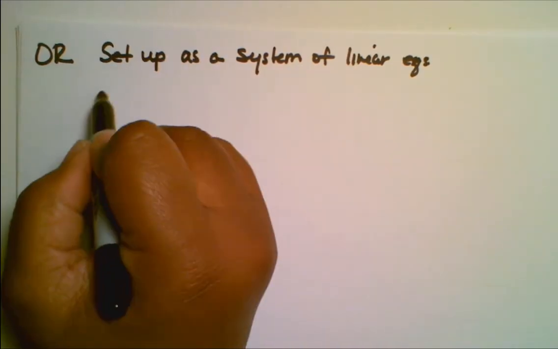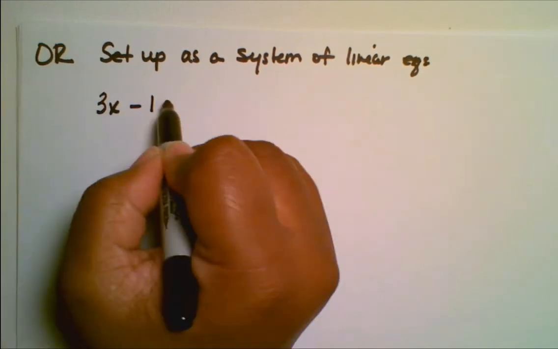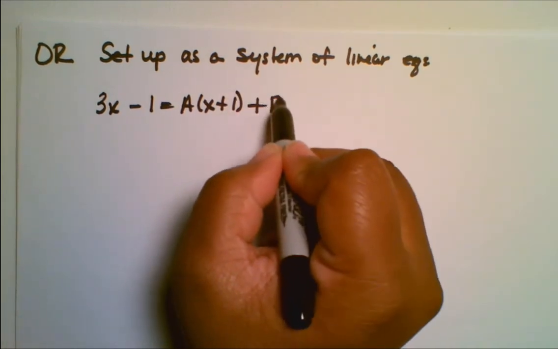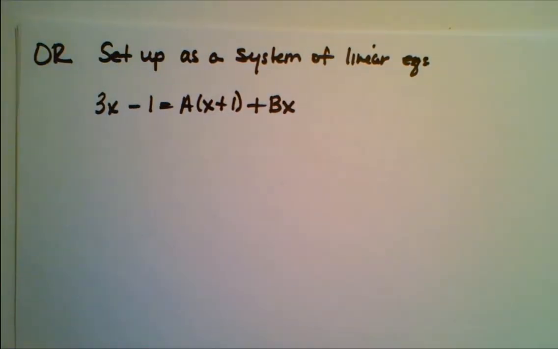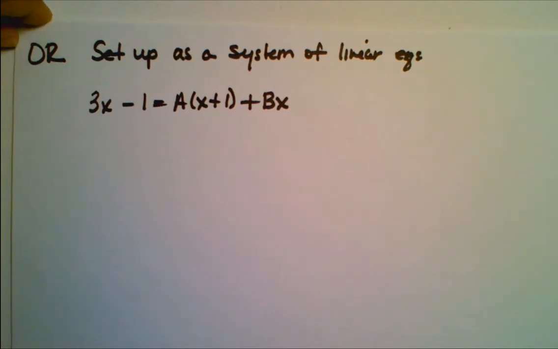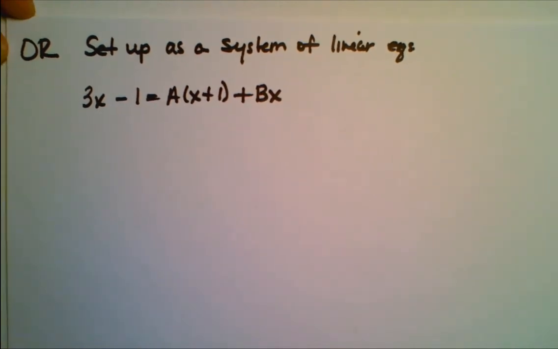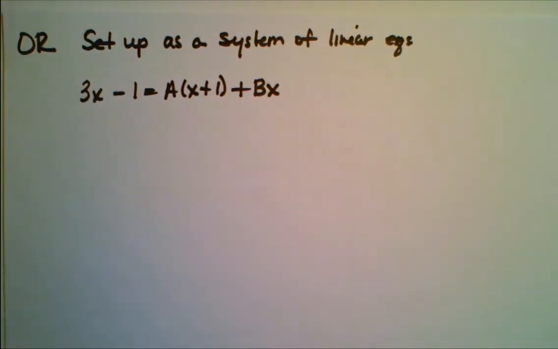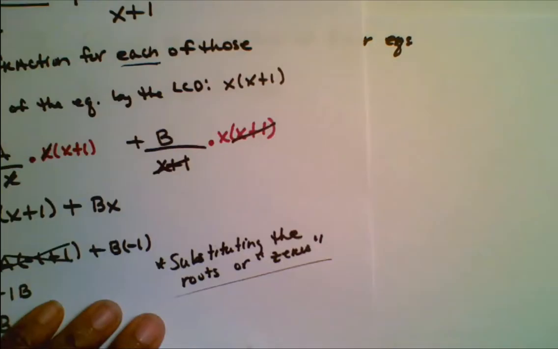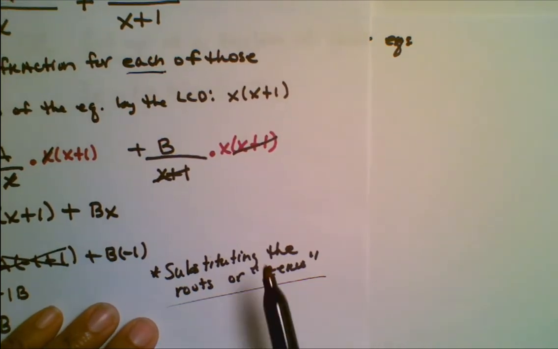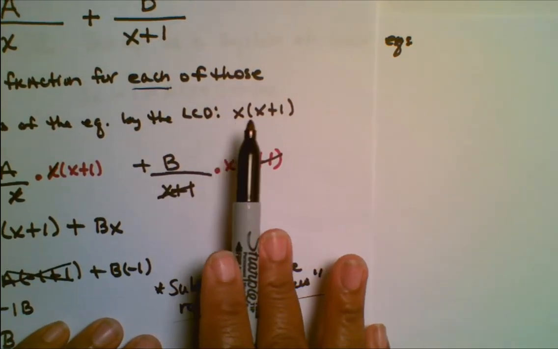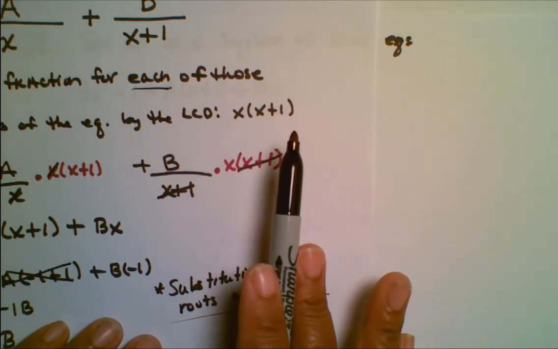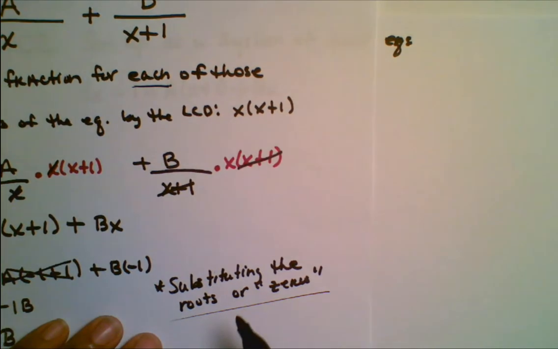So we have here 3x minus 1 is equal to a times x plus 1 plus bx. I want to focus on that part because at some point we're going to do several different questions, and at some point, using the roots method, where we're setting those factors equal to 0 to find out what x is equal to, this method will not work.